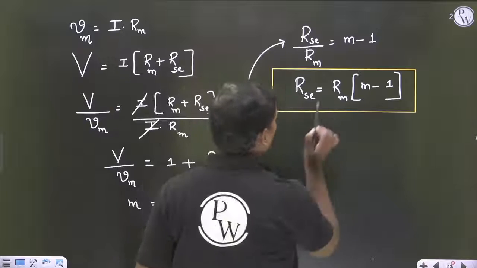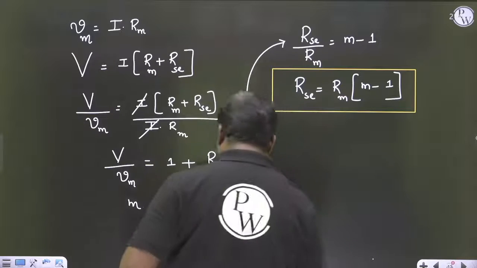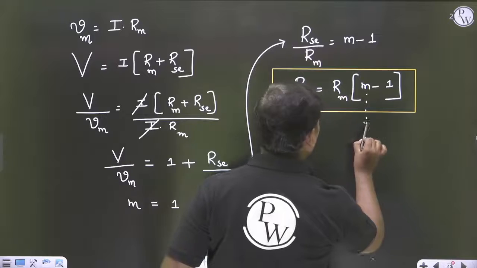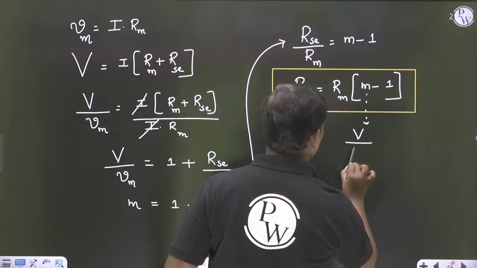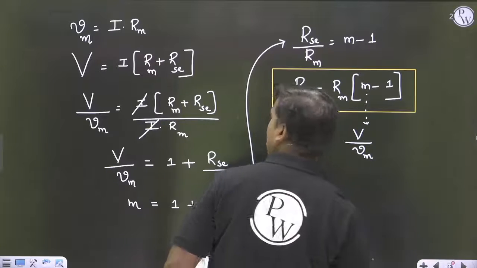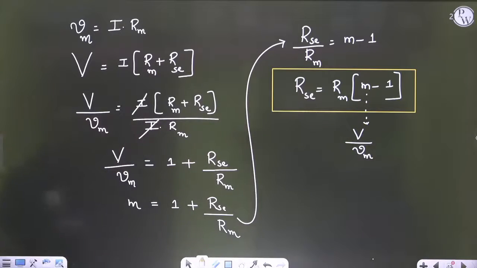where Rm represents the meter resistance, and M represents what, my dear? That represents capital V by Vm, alright? Everything correct?